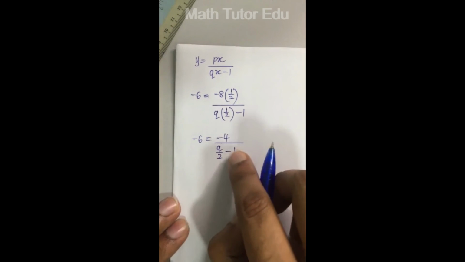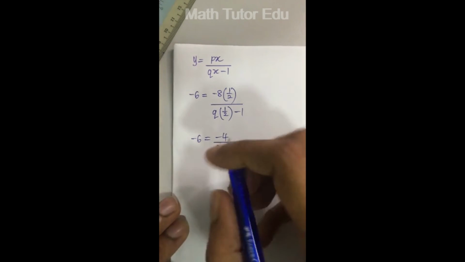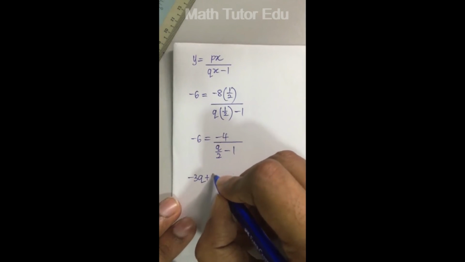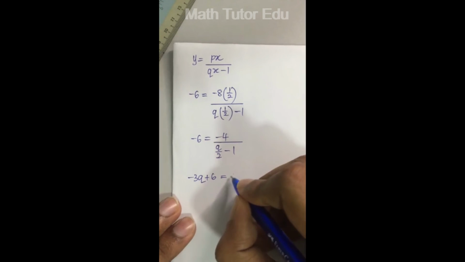This q over 2 minus 1, we're going to times with negative 6. So you'll get negative 3q plus 6 equals negative 4.